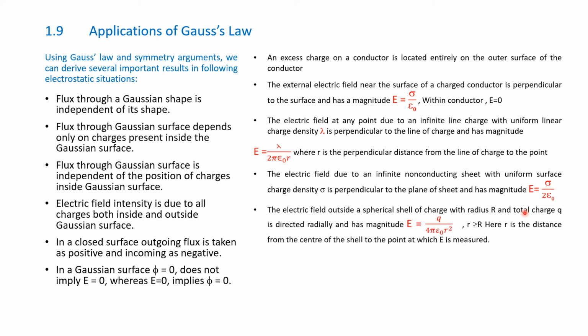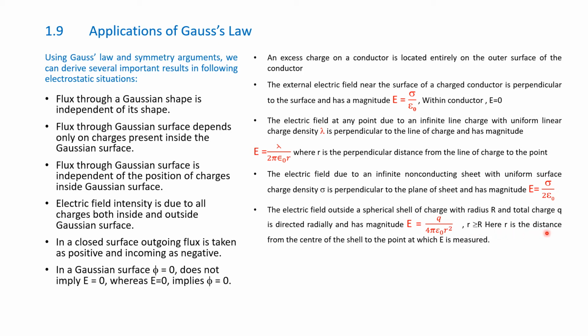The electric field outside a spherical shell of charge with radius capital R and total charge Q is directed radially and has magnitude electric field intensity E is equal to Q over 4 pi epsilon naught r square, for cases where r is far greater than R, the radius of the spherical shell.